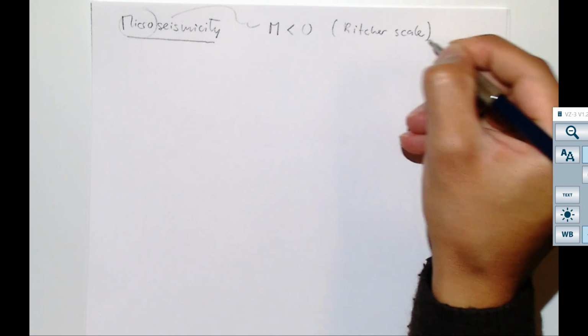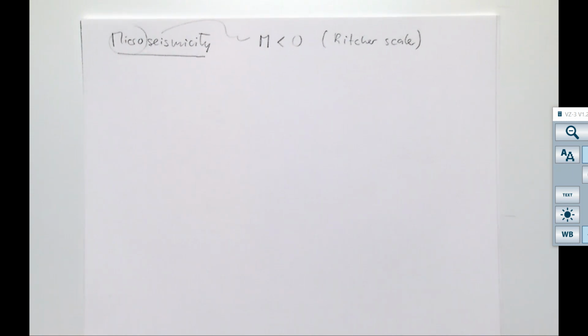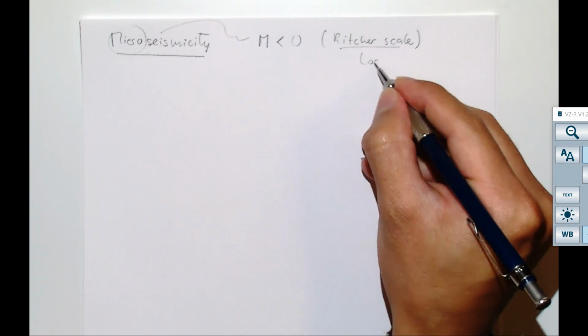So in this scale, for example, a very powerful earthquake has a magnitude of 6, 7, up to 8 or 9. And remember that this is a logarithmic scale, okay?